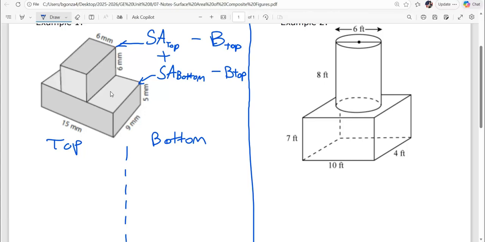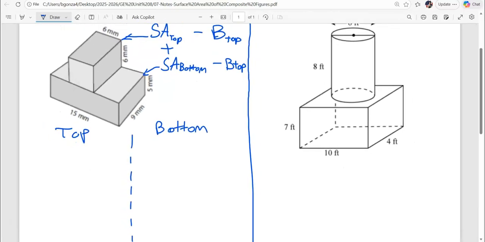So find prism, skip over lateral, go over to surface area. Do you see how it says PH plus 2 big B? To even get that formula, I need to figure out P, H, and B. So over here on top, go ahead and write P, H, and B.